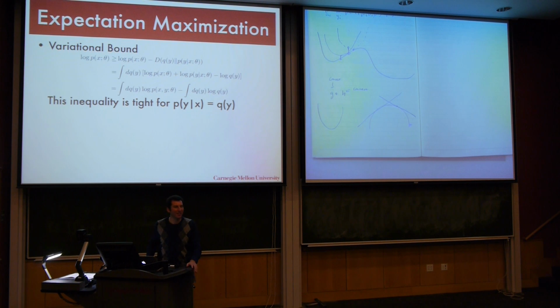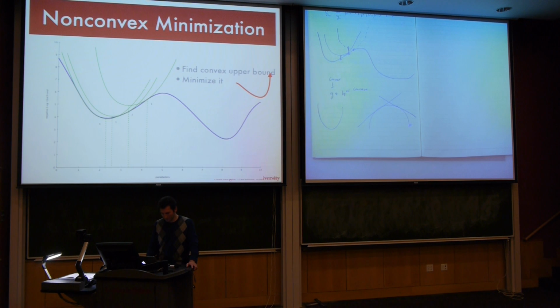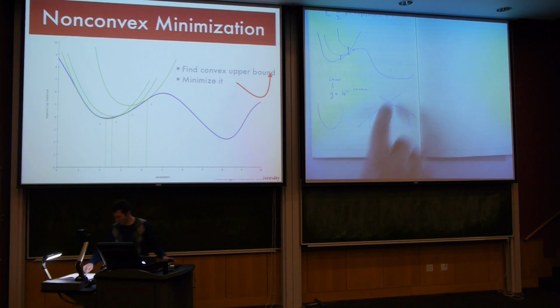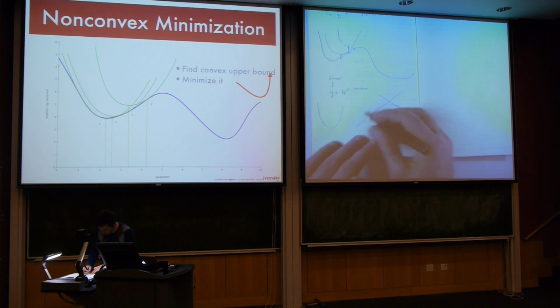Question yet? Can we approximate this function by some piecewise linear convex functions? You could do that. So if I have this function here, I could make it a piecewise linear convex function, right? I could do this, right?